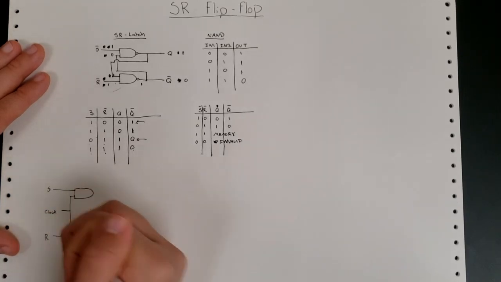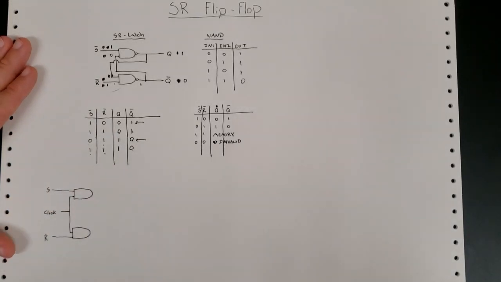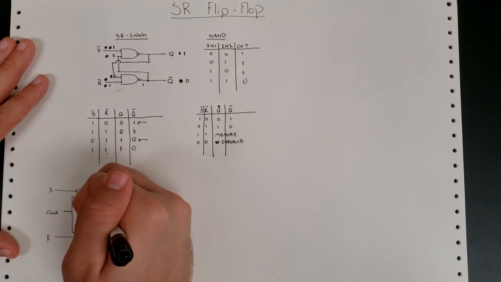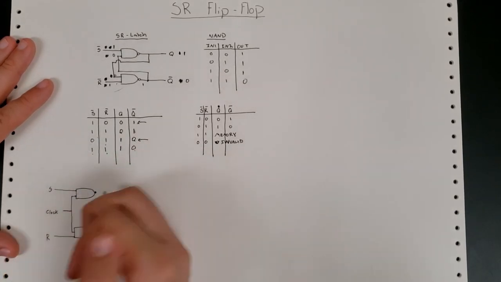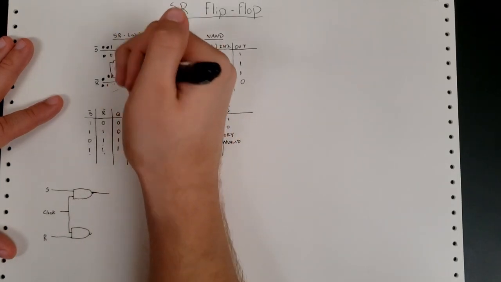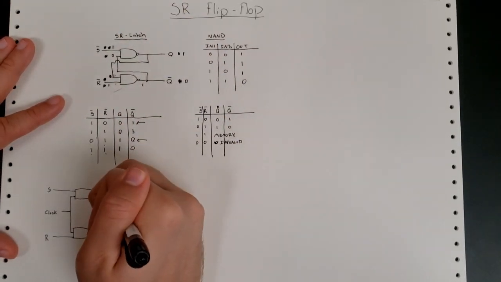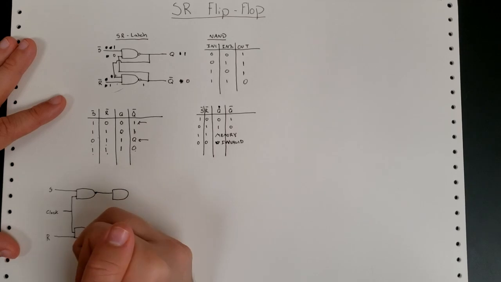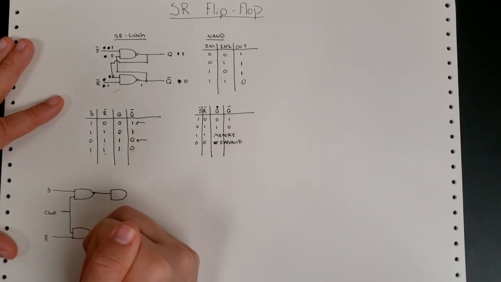So we have our set, our reset, and then our clock. And then these 2 outputs for these 2 NAND gates now go to the 2 inputs of our SR latch. So this part stays the same from what we had before.